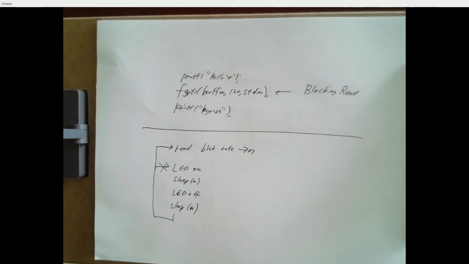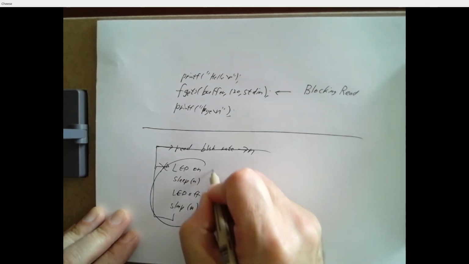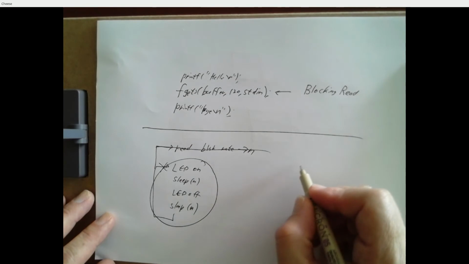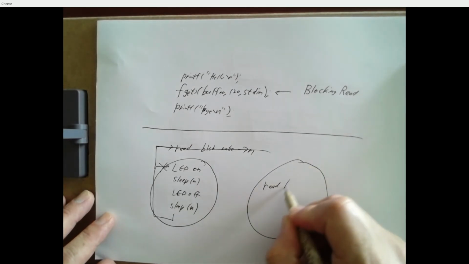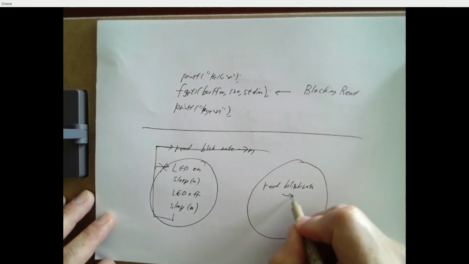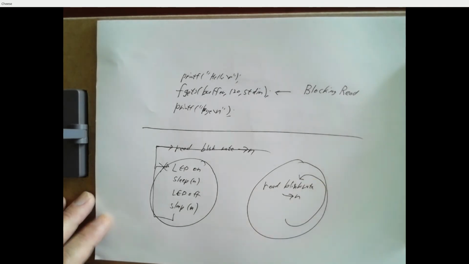And the idea is we're going to have a process that's doing this. But we're going to have a second process which says read the blink rate. Save that in some variable n. And it's just going to sit there and it's just going to get blink rates from the user.